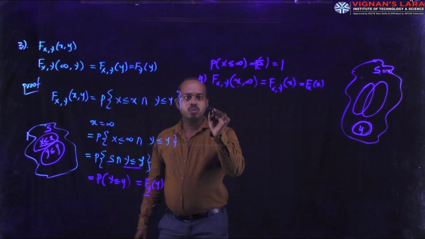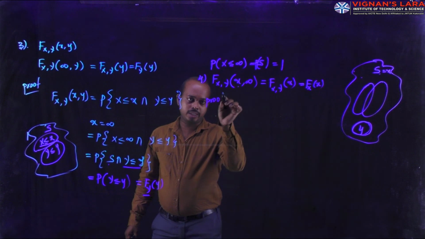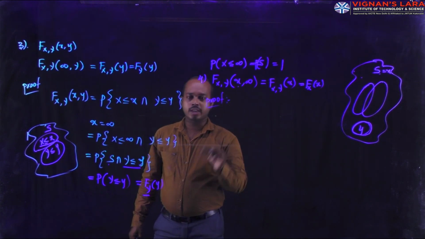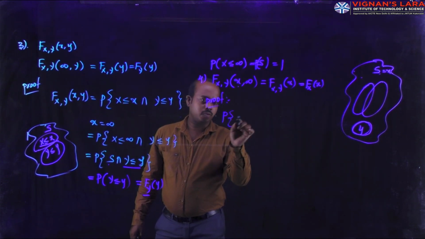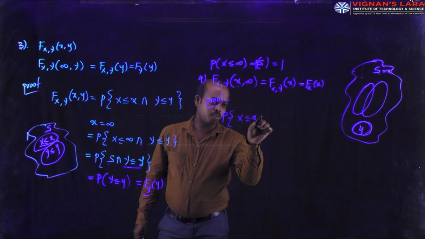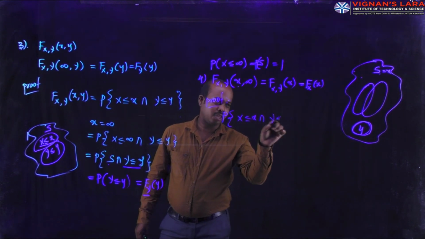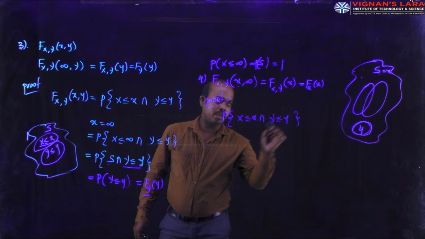You can prove this property; the same concept applies here. Consider the joint probability. The joint probability is the probability of capital X less than or equal to small x intersection capital Y less than or equal to small y.